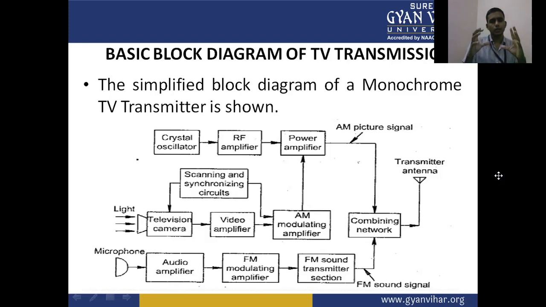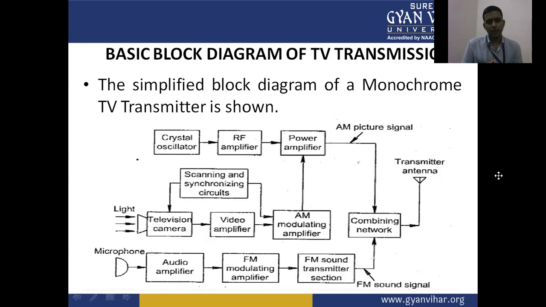So in this block diagram, we have a light signal from the source, and this light signal is captured by the television camera, which feeds the signal to the video amplifier. Then this signal is fed to the amplitude modulating amplifier.